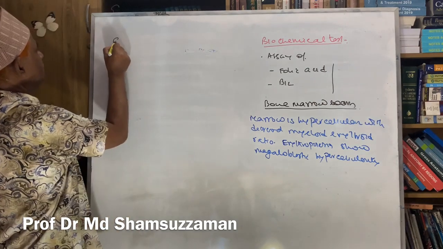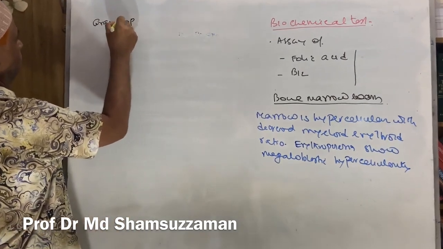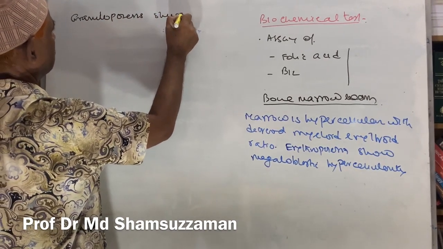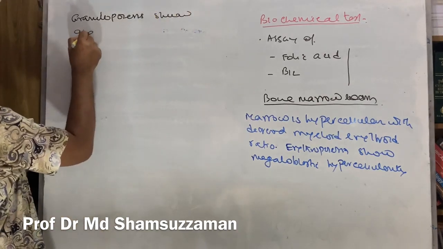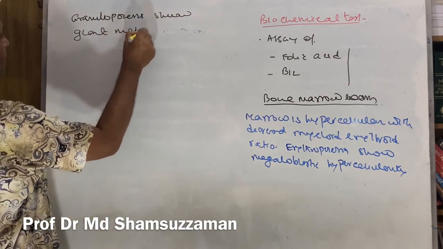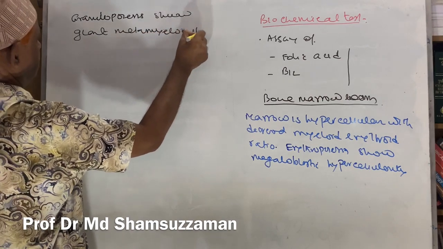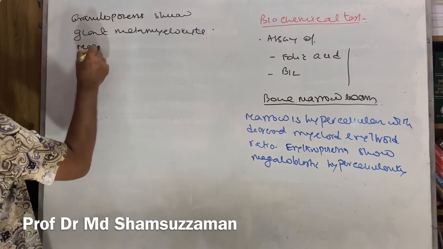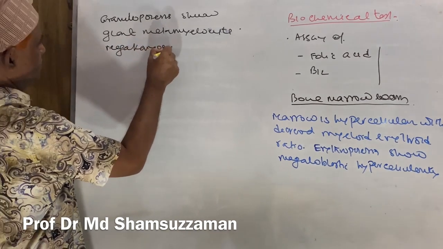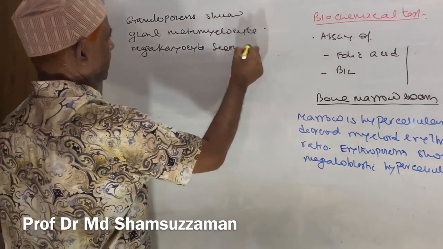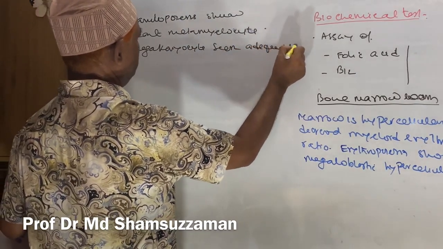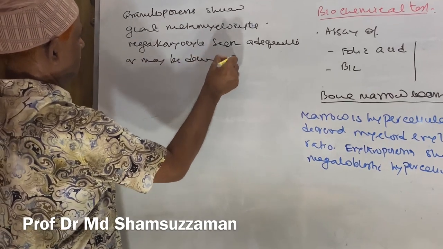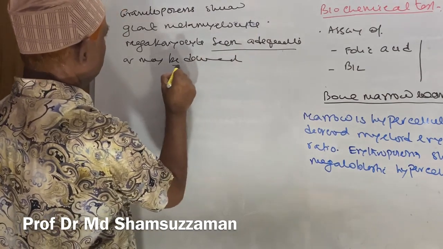Then granulopoiesis shows giant metamyelocyte, and megakaryocytes are seen in adequate number or maybe decreased in number.